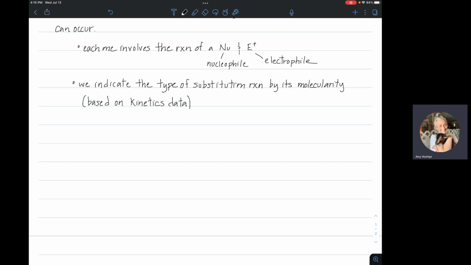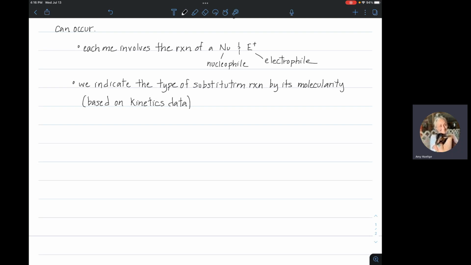And so on the stuff that we learned in Gen Chem, we learn a lot about a reaction mechanism through the kinetics data. We can tell how many molecules are involved in the slowest step of the reaction. So in other words, the concentration of each of those reactants matters in the slowest step. If you double the concentration of one of those compounds, then you'll double the rate of the reaction.